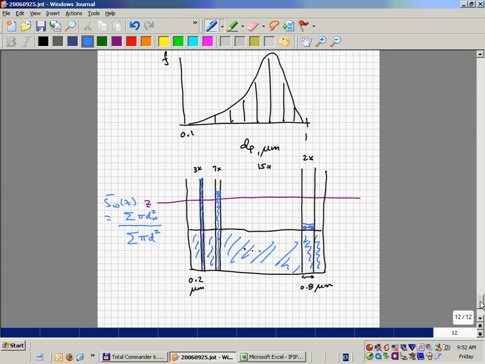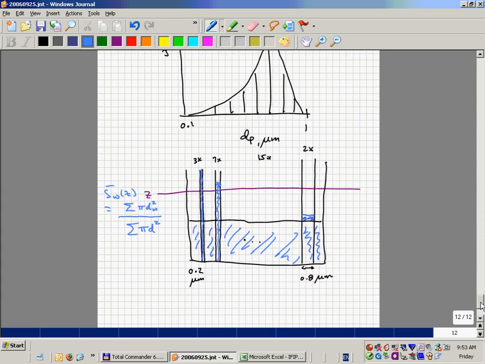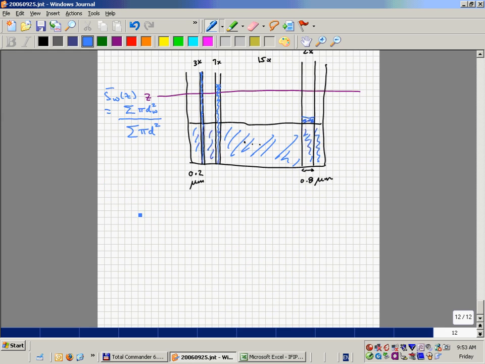Now, what we actually do is we construct, from measurements like this on a core like this, you can actually measure this kind of distribution. And then we convert. We have what's called a capillary pressure curve for a piece of rock.